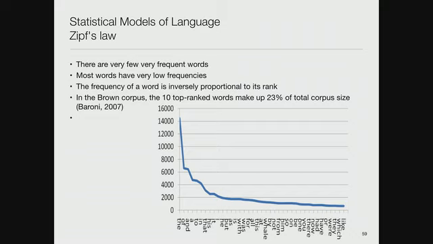Now, you probably all know about Zipf's law. So if you empirically just take all the words in all the literature of, let's say, English, what you discover is that the nth word is about 1 over n as probable as the first word. Okay, so there's a long-tailed distribution.